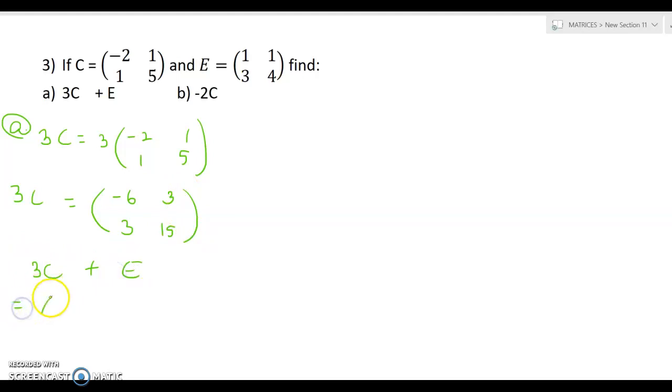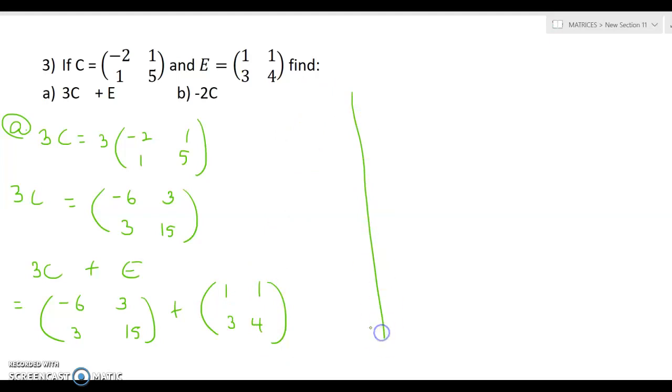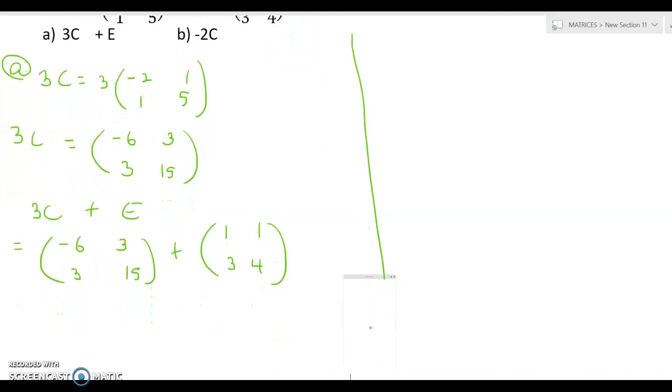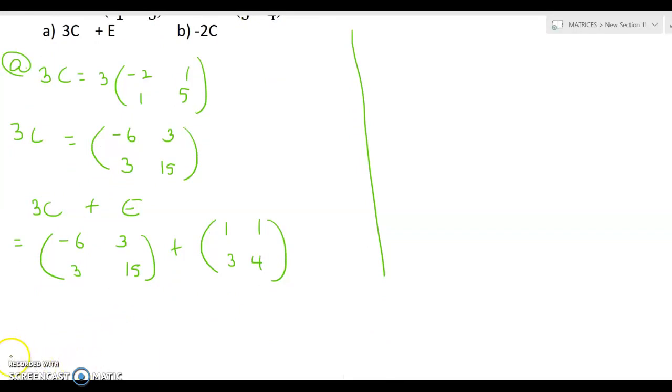So now we want to work out 3C plus E. That would be 3C, which is minus 6, 3, 3, 15, plus E, which is 1, 1, 3, 4. And now we're just going to work out that last piece there. Again, simple addition.